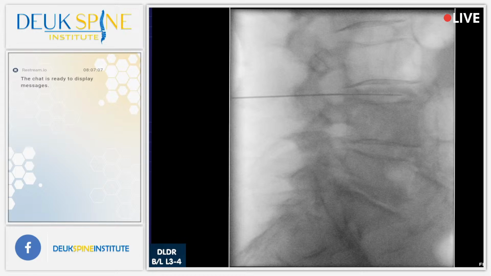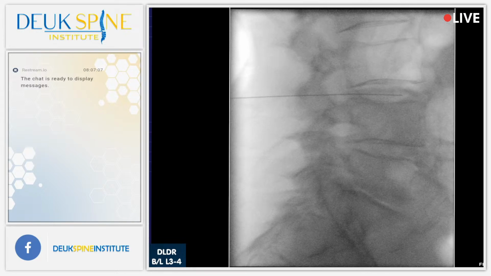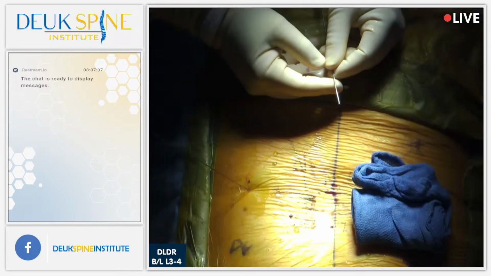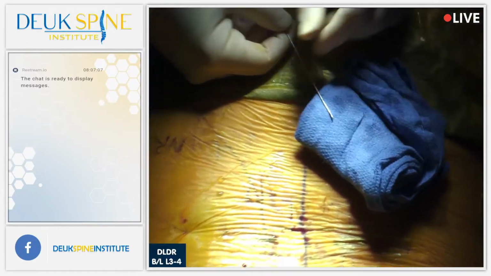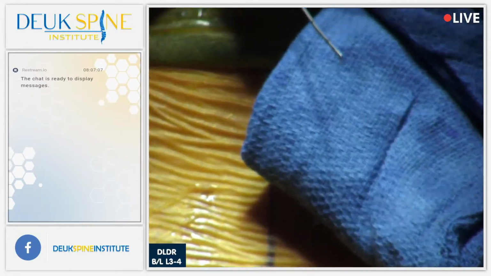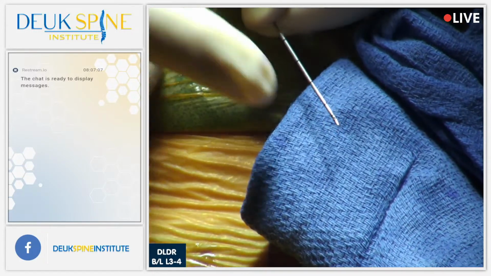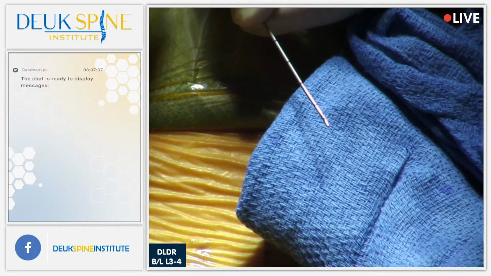But you have to be careful because you could pull the guide wire out when you pull the needle out. Can you guys see this? Yes, we can. The tip of the needle, do you see how it's been melted? Yes. All right.